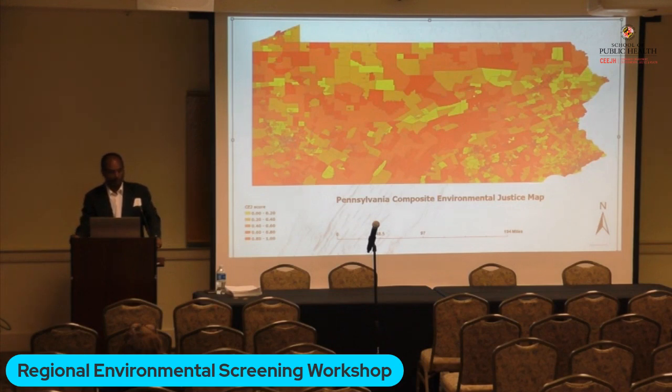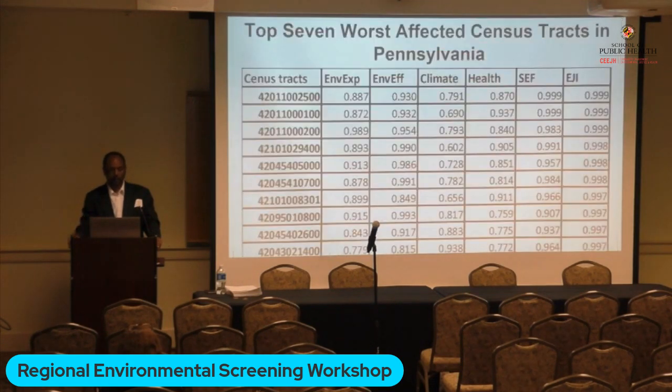This is a Pennsylvania map. As you can see, the major cities and some parts in the middle, northern, and western parts of the state are also affected by environmental injustice. What are the top 10 worst affected census tracts in Pennsylvania? For example, census tracts 002500, 00100, and 00200 are highly affected.